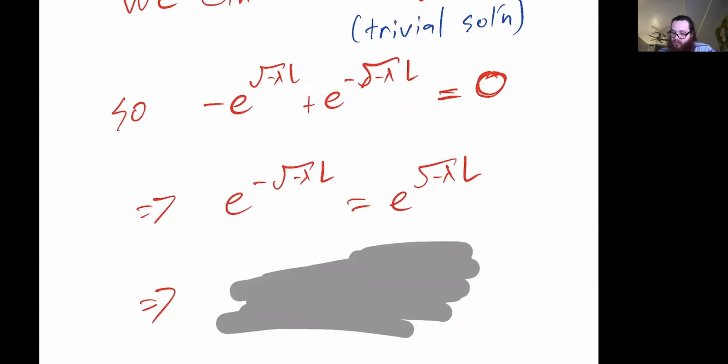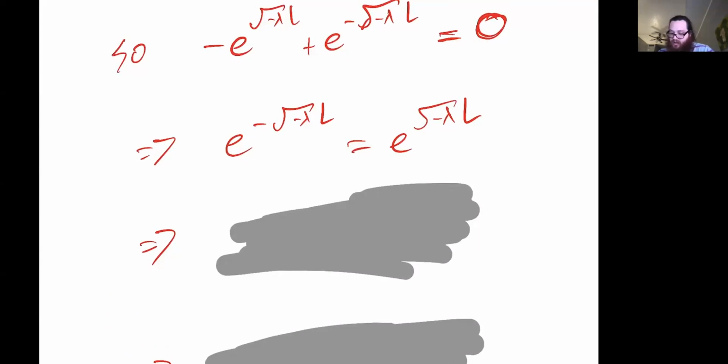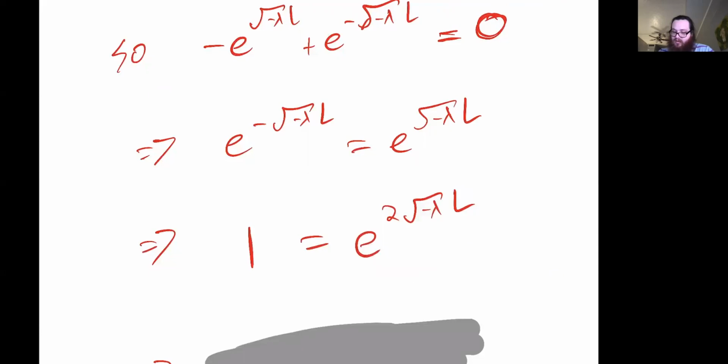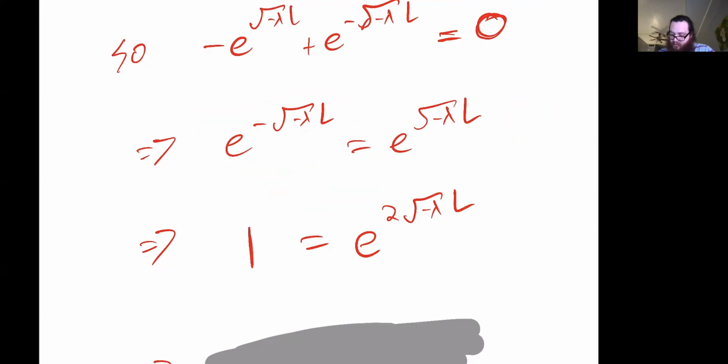Move this to the other side. Multiply by e to the root minus lambda L. So I can write it: e to the root minus lambda L, e to the root minus lambda L. On the left-hand side, this whole thing is going to be e to the root minus lambda L plus minus e to the minus root minus lambda L. Those are going to cancel.